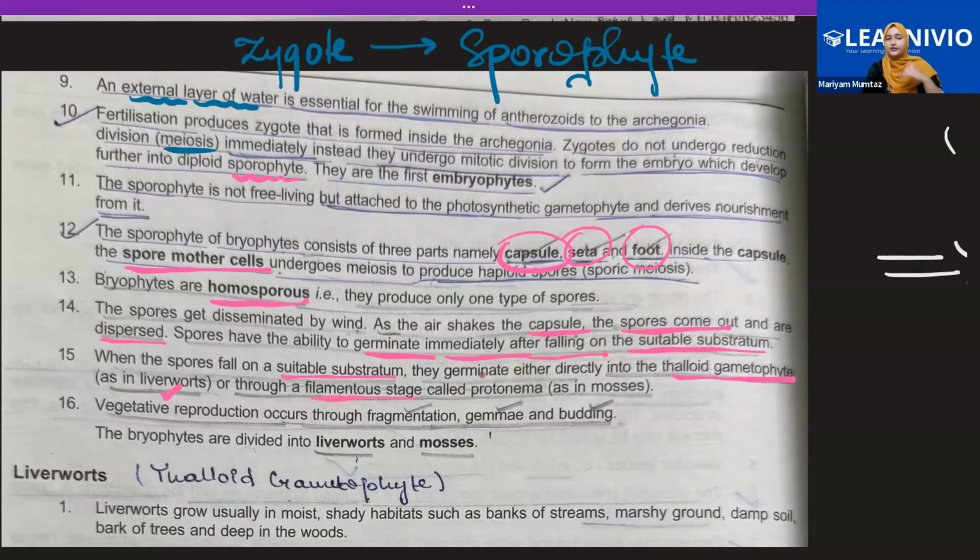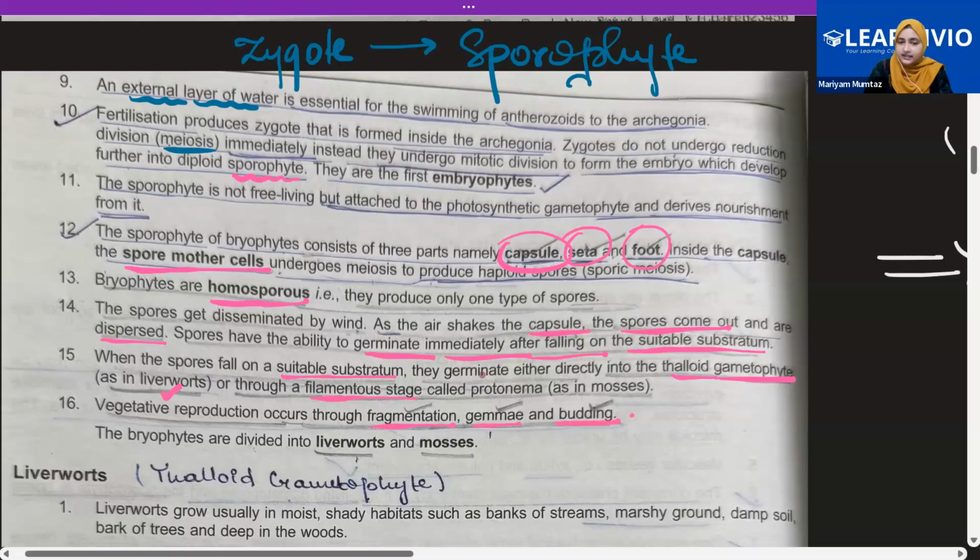Now, further you're going to see how the bryophytes are divided into two types: liverworts and mosses. Each of them is a little bit different from the other. They are both bryophytes, but their sizes are a little different. In them, vegetative reproduction takes place through fragmentation, gemma formation, and budding. Each of these things I will discuss.